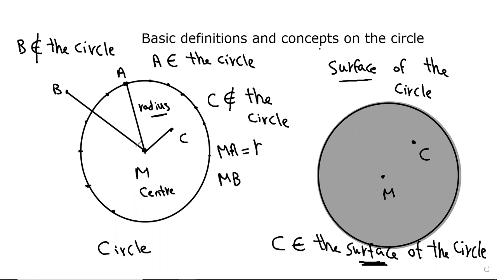We couldn't say that MB is a radius, but MB is a line segment, and its length is more than the radius. What about MC? MC is not a radius, and the length of MC is less than the radius.